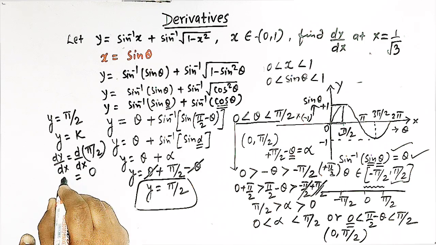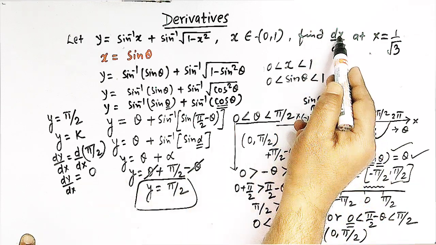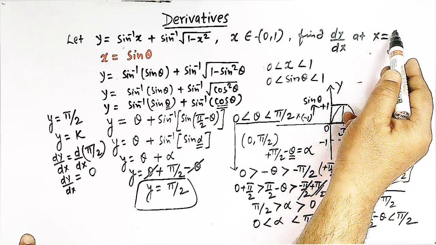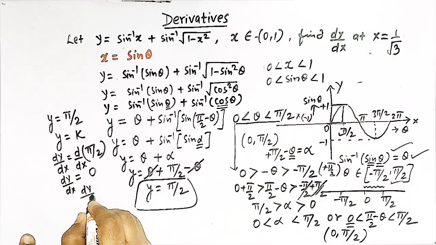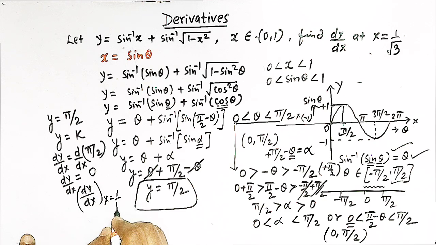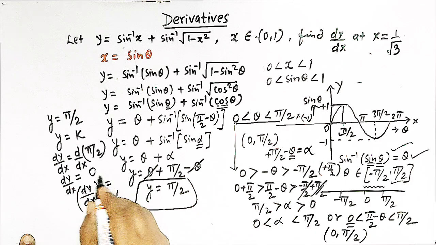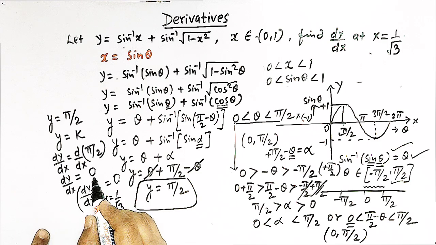So the derivative, that is dy over dx, is equal to 0. Now we have to find the derivative at the point x is equal to 1 over square root of 3. So the derivative, that is dy over dx at x is equal to 1 over root 3, is also equal to 0, because dy by dx is equal to 0, and it doesn't contain x.